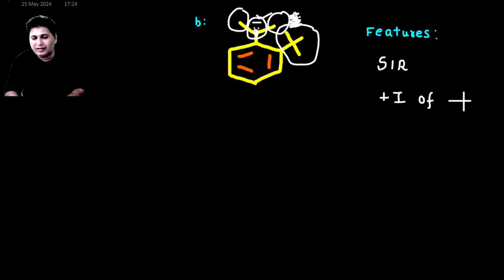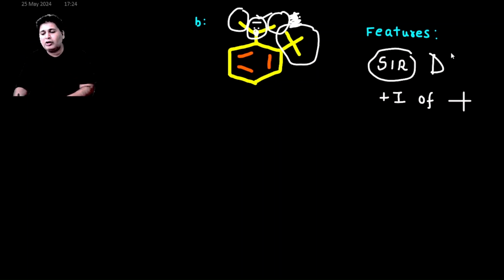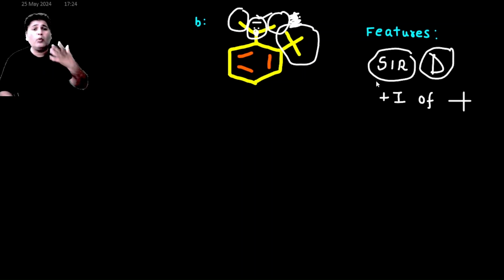So again, it's a clear cut classical case of SIR. This is a demerit, because you are not availing the benzene ring for the delocalization of the minus charge, and it had to be done for the stability to increase, which is not possible right now.